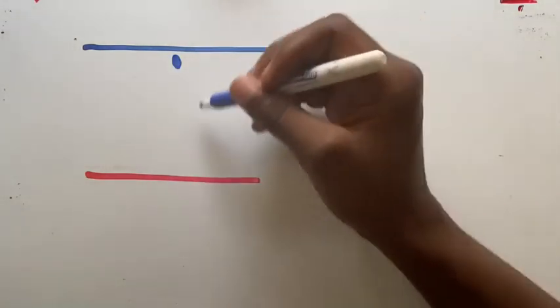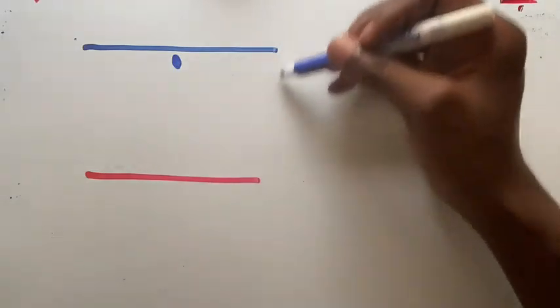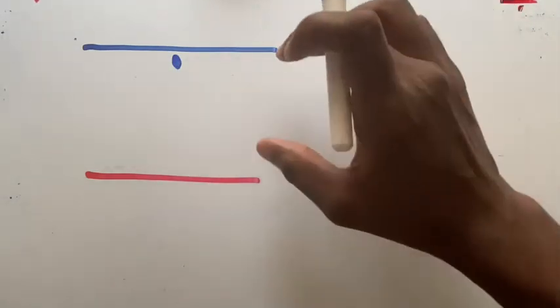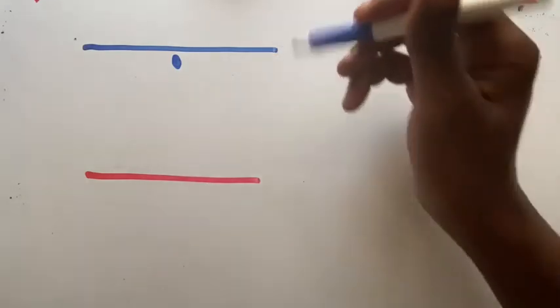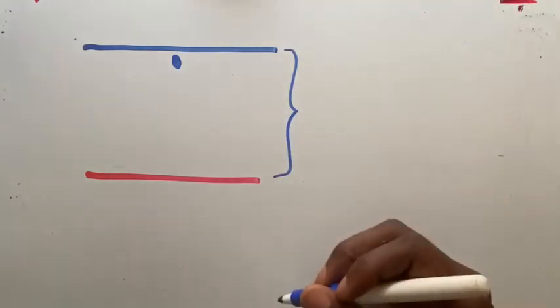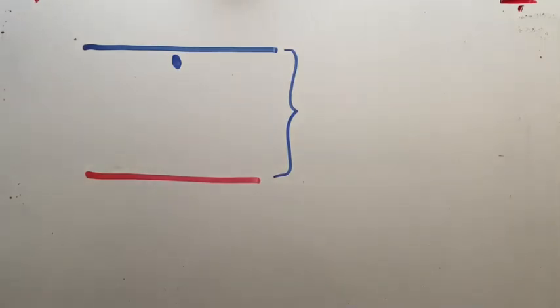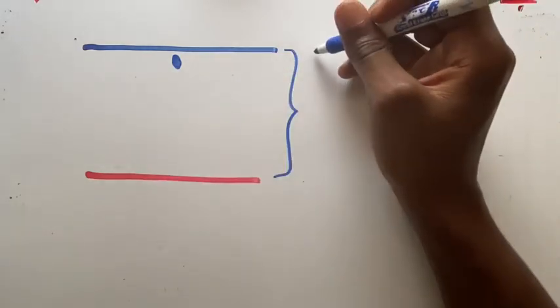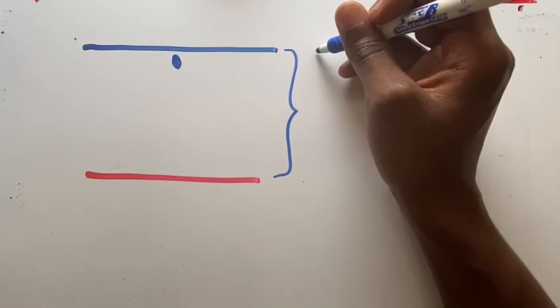So because this electron is between these plates where there's an electric potential, let's say it's an electric potential here, and let me actually draw it this way.